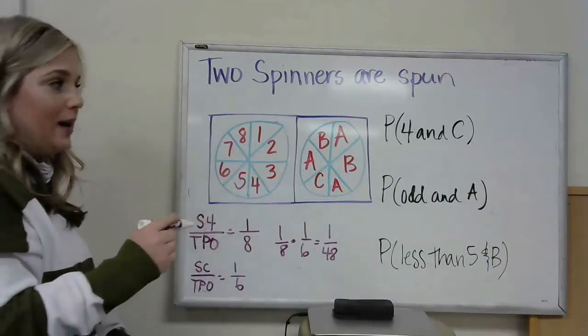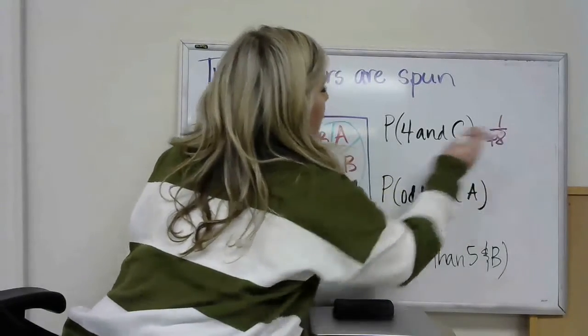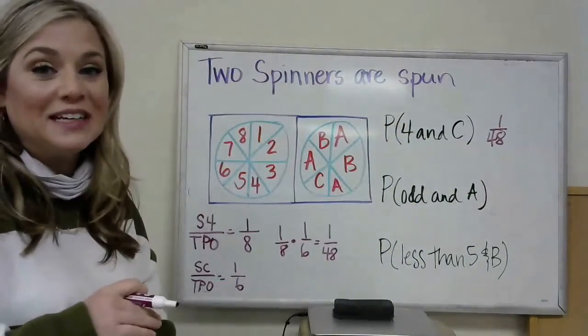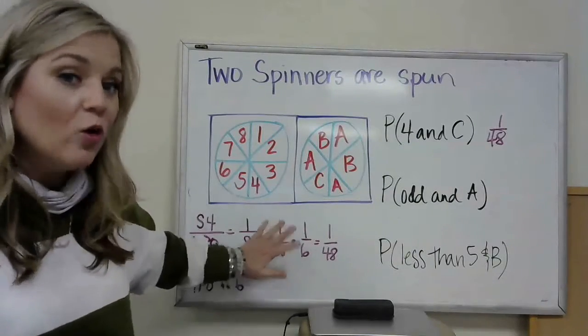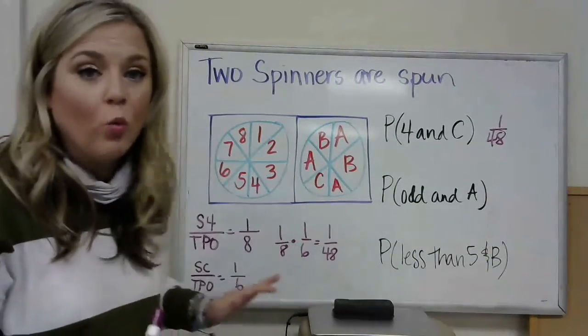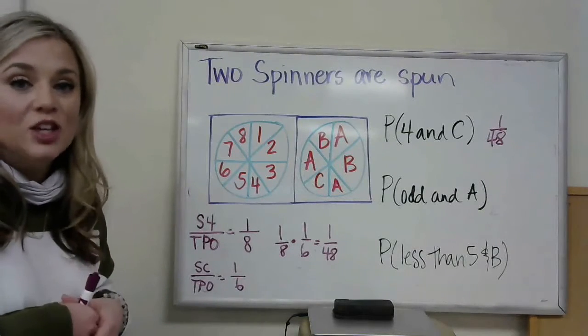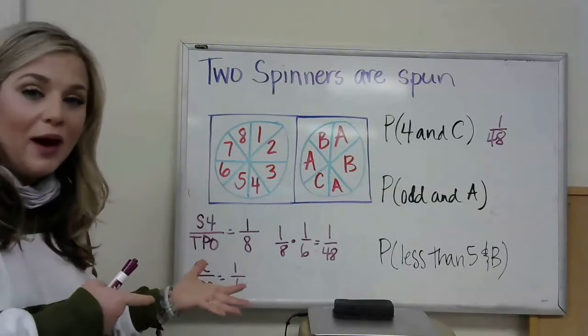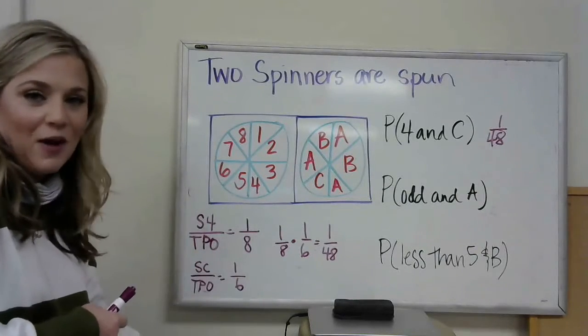So you have a 1 in 48 chance of spinning a 4 and then spinning a C. Basically, this is theoretical: what theoretically should happen when you spin a spinner. After 48 chances of spinning, you should have spun a 4 and then a C.